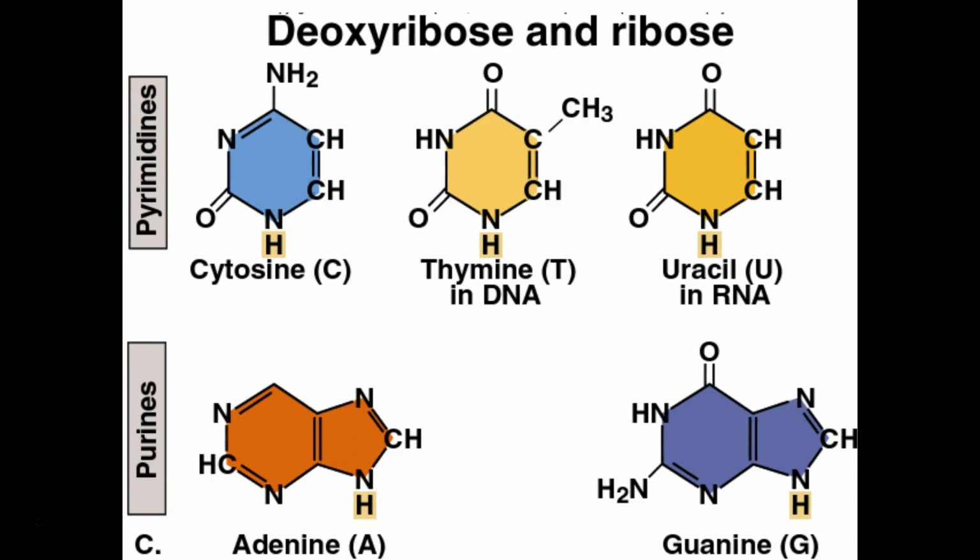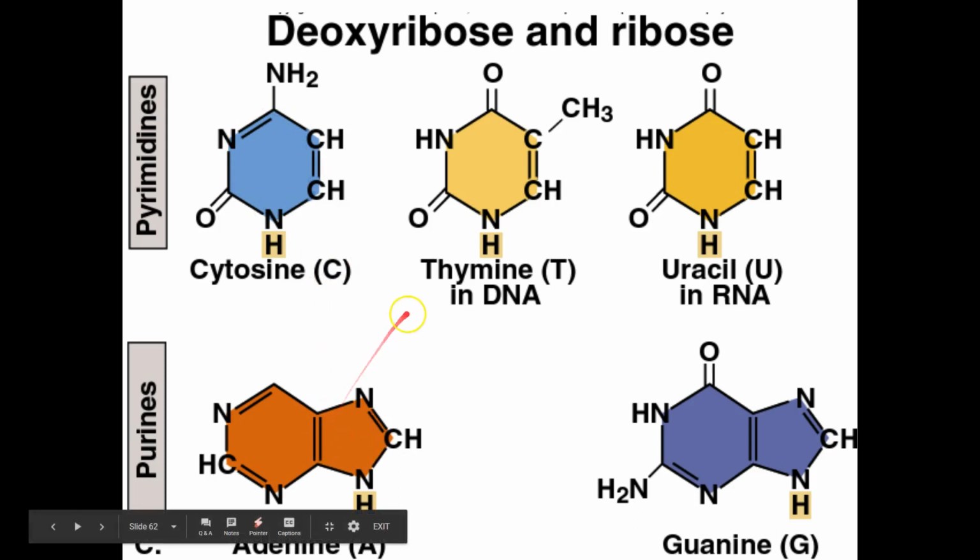Of the various bases, there are 2 different types. There are these things called pyrimidines, which are these single ring bases. And there are these things called purines, which are these double ring bases. So these purines are, you can see physically, a little bit larger. They have kind of the same size, only they've got this extra ring in addition.